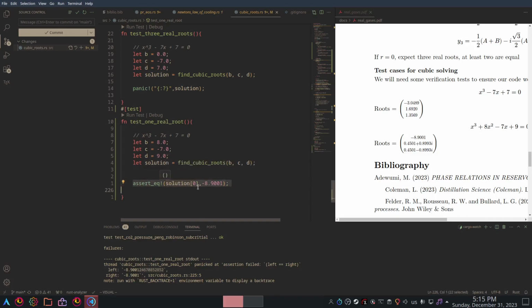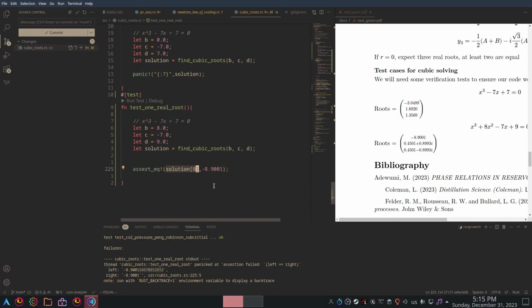In this case it is the first element of the solution, index 0. That's why I use the square bracket 0. That gets the first element in this vector. It starts from 0, not 1. Most of the time in programming, we start with index 0 rather than index 1. And on the right side, we have what we want to compare it to, which is minus 8.9001.